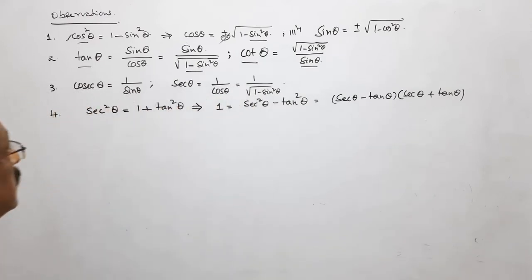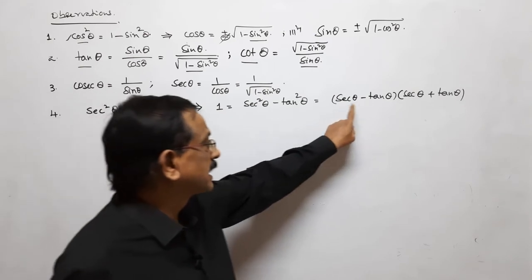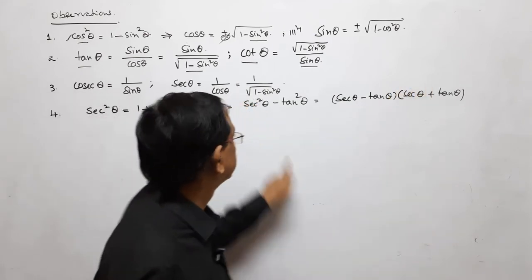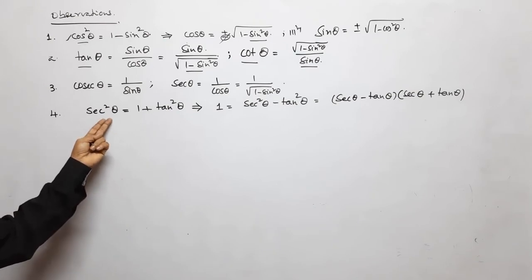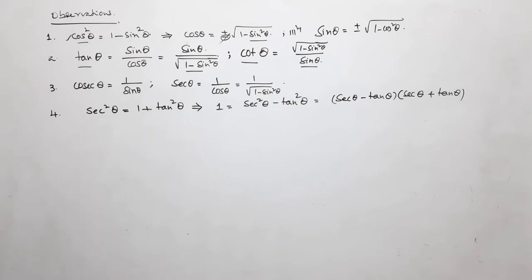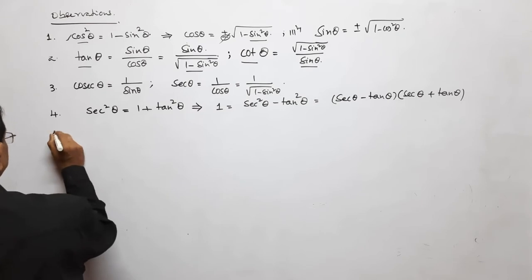So secant theta minus tan theta into secant theta plus tan theta is 1. That's a simple observation from 1 plus tan square equal to secant square theta.